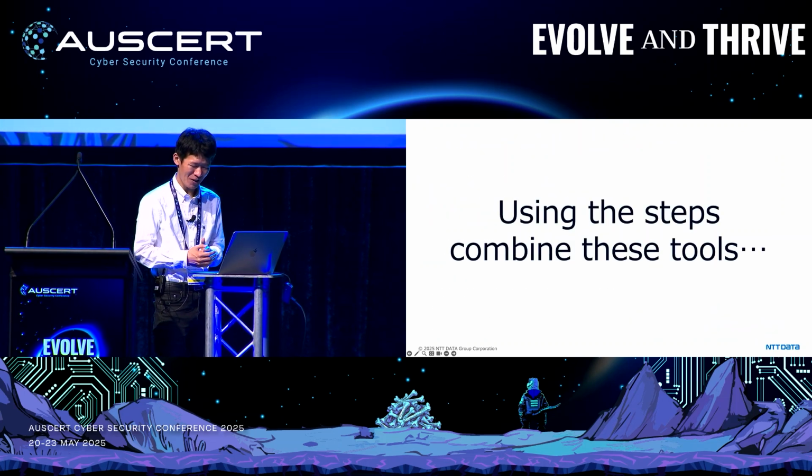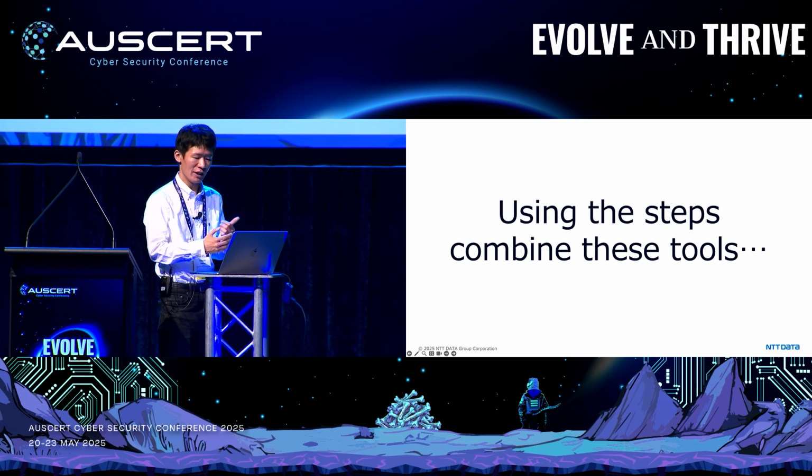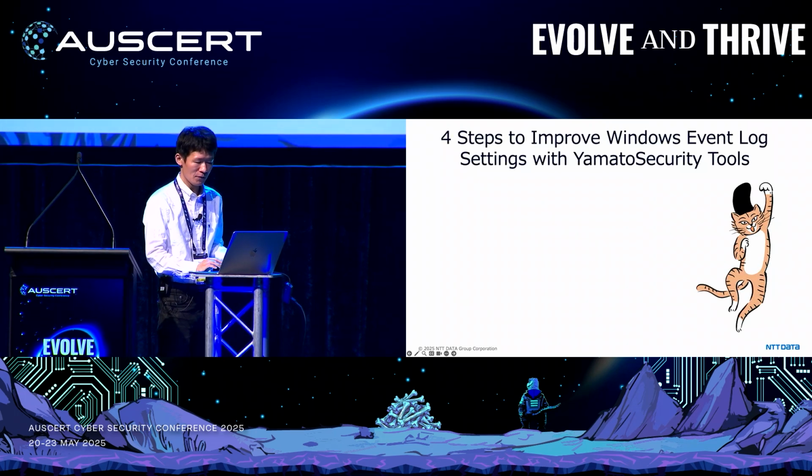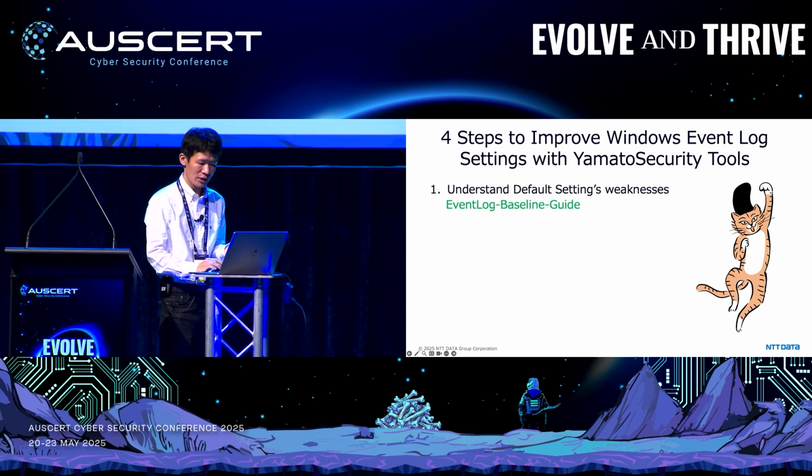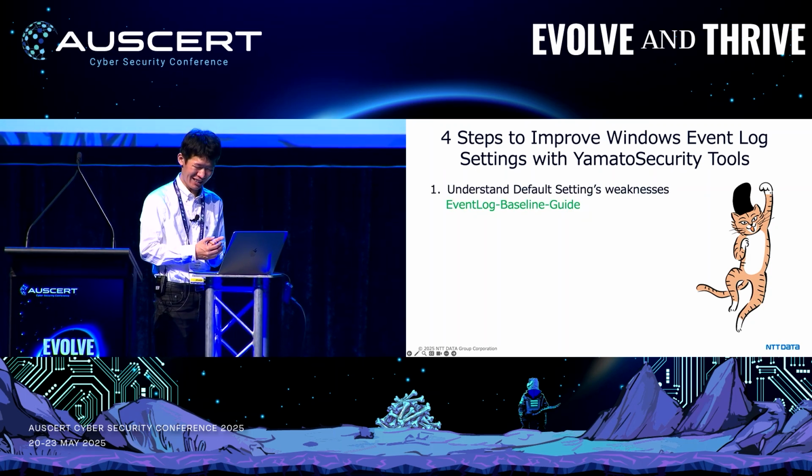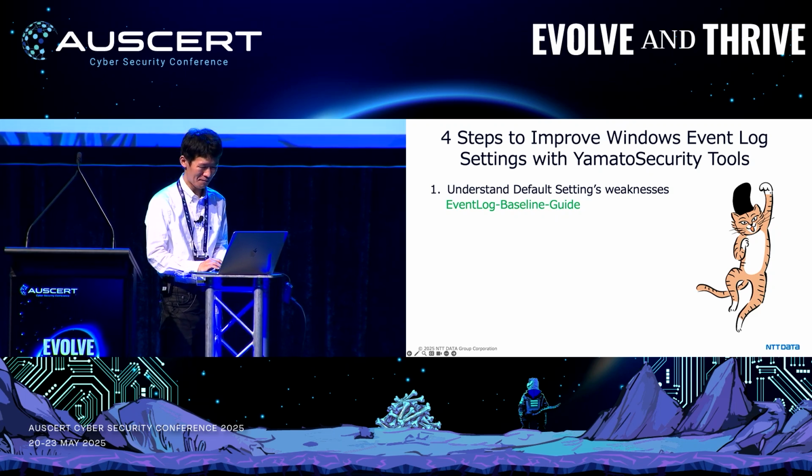Finally, here's a summary of the log configuration improvement process using the tools introduced so far. The process for improving Windows event log audit settings consists of the following 4 steps. The first is understanding default settings weakness using the event log baseline guide.